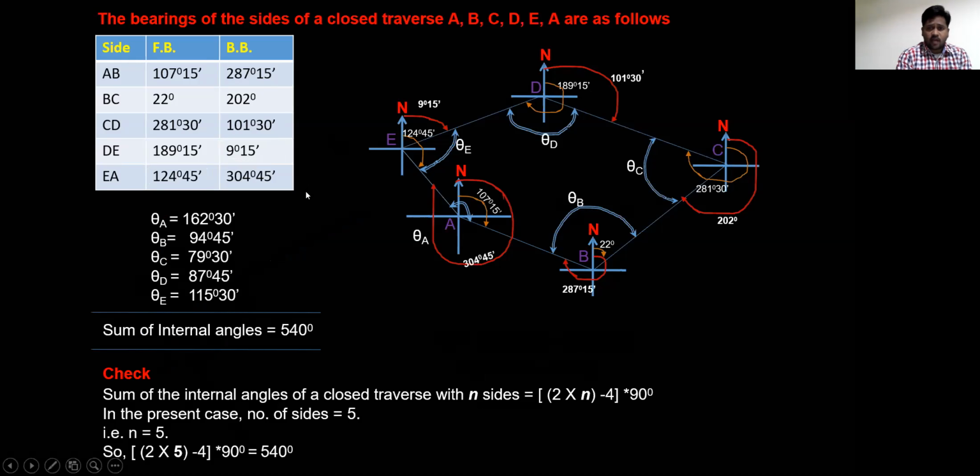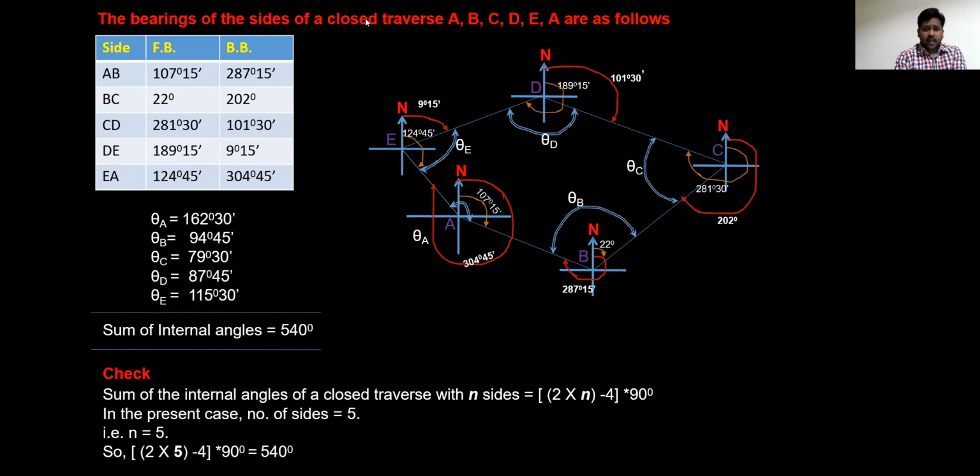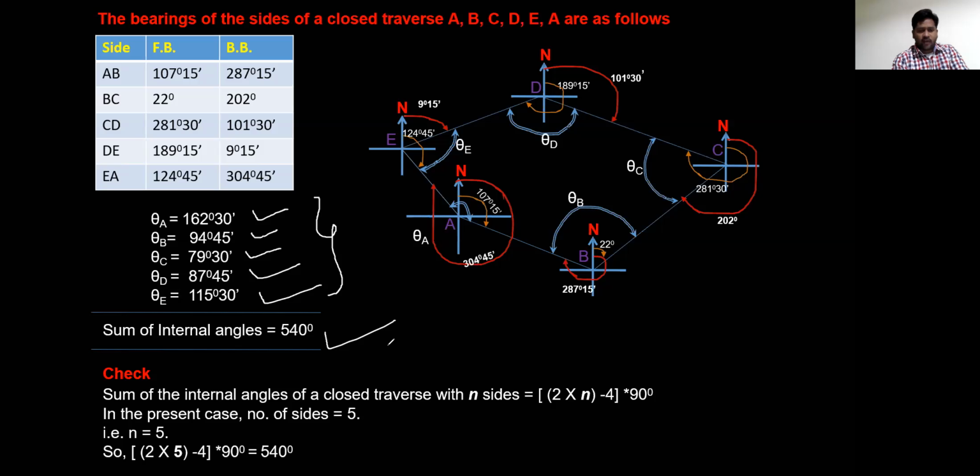See, the interior angles I have calculated: theta A is 162 degrees 30 minutes, theta B is 94 degrees 45 minutes, and theta C is 79 degrees 30 minutes. Theta D is 87 degrees 45 minutes and theta E is 115 degrees 30 minutes. If you add all these interior angles, the sum should be 540. Okay, I got 540.